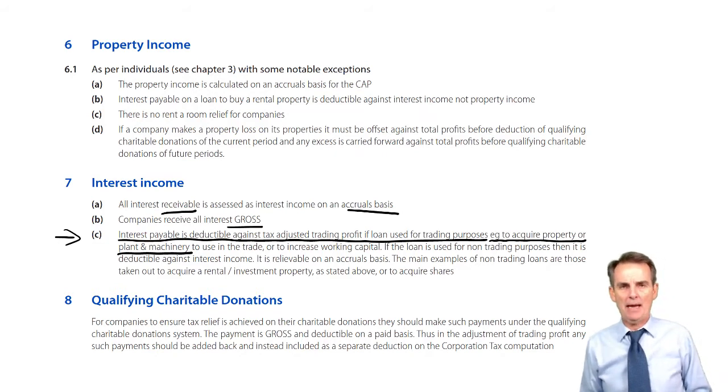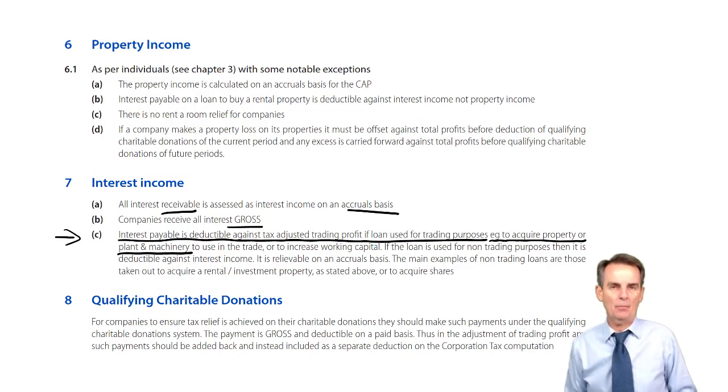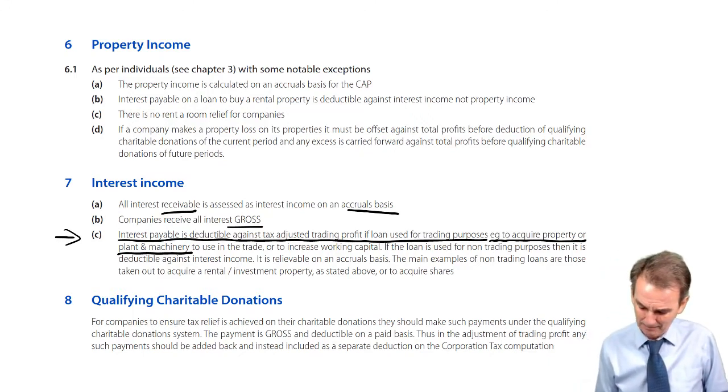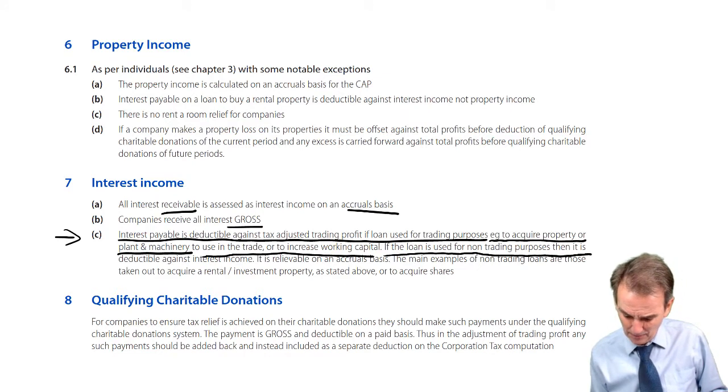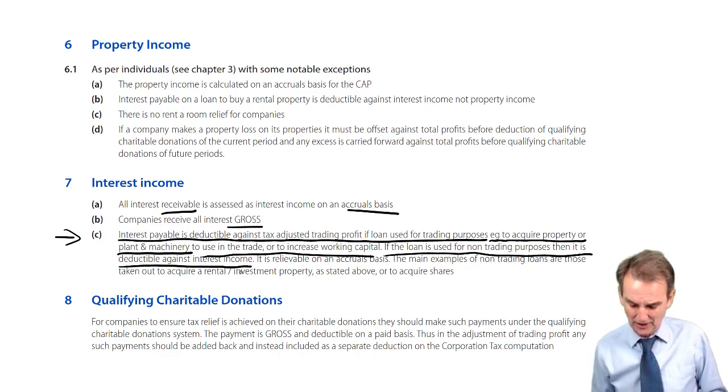Any such interest payable will be an allowable deduction against your trading profit. Whereas if the loan is used for non-trading purposes, then it will be deductible against interest income. Now, again, we work on an accruals basis.